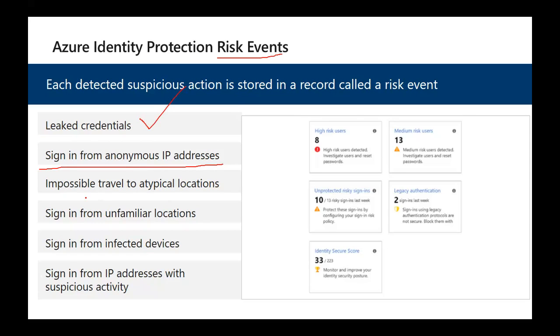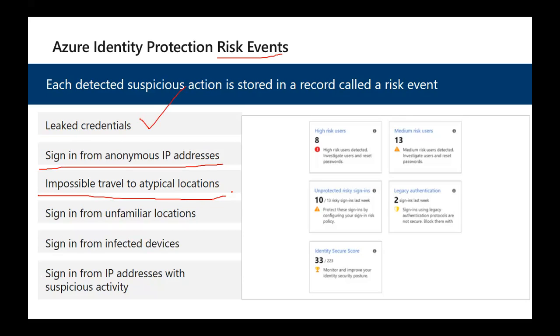If my user belongs to a certain location and I detect that somebody else with the same account tries to access from a different country, this is going to be something risky. And again, I'm going to generate a record of this risk event.